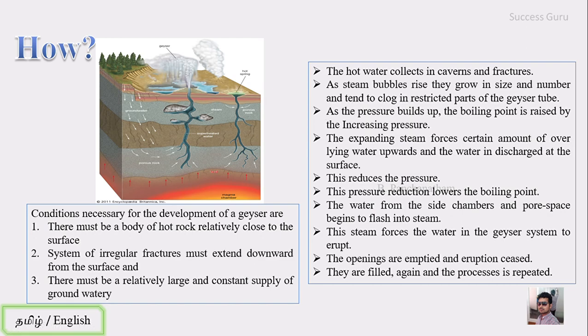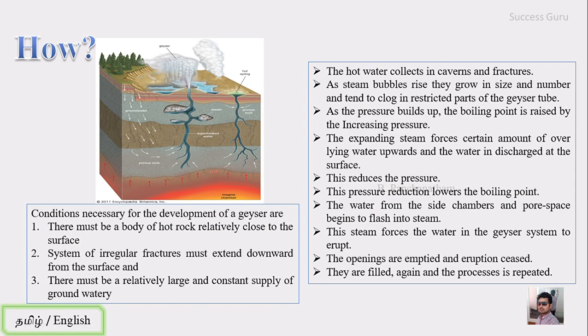The expanding steam forces a certain amount of water lying above upward, and the water is discharged at the surface. So when the pressure pushes up, the water in this route is pushed out.